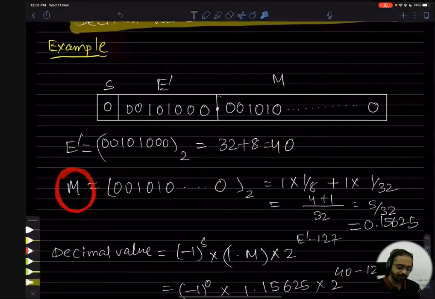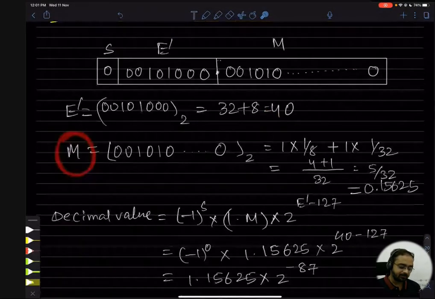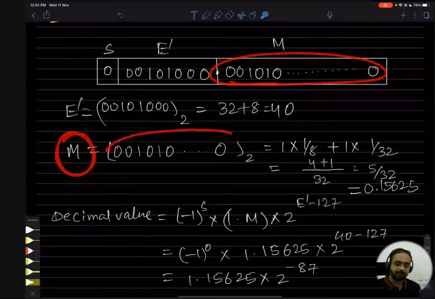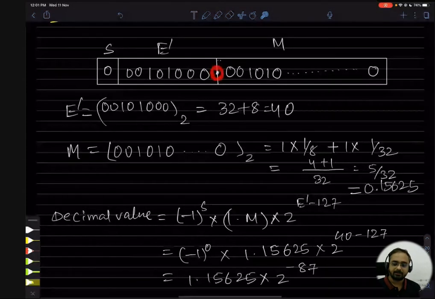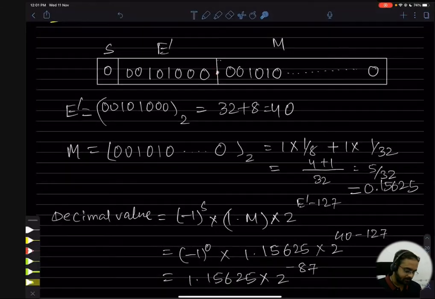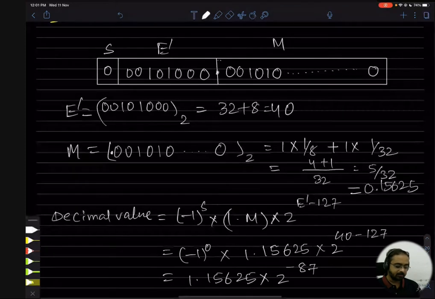Next convert the M to decimal. M value is this one. As you know, by default M will have an inherent decimal point. This point is invisible, so that means there is a decimal point here, so it is 0.001010.